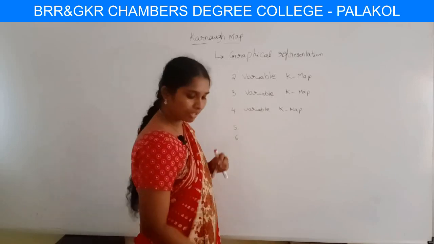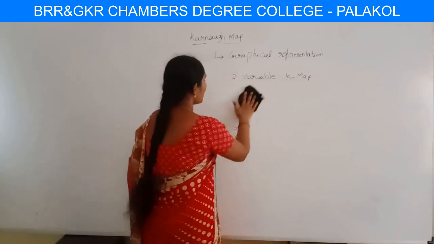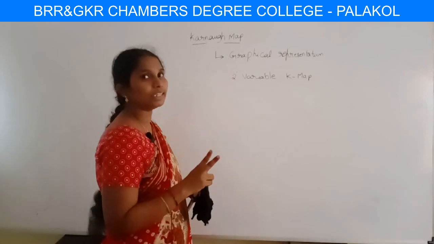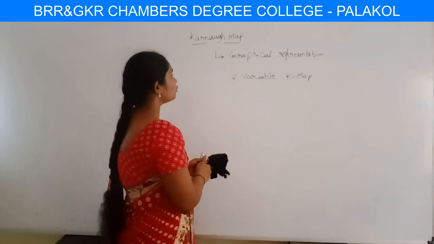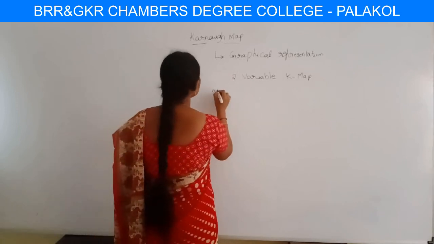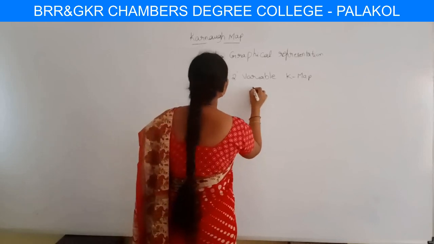Okay, first I will explain about the 2 variable K-map. Here 2 variables is nothing but 2 inputs. When we are applying 2 inputs, n is equal to 2. That means it is 2 power n.